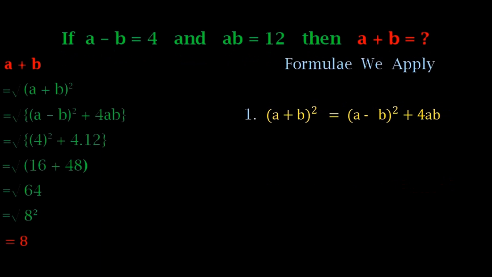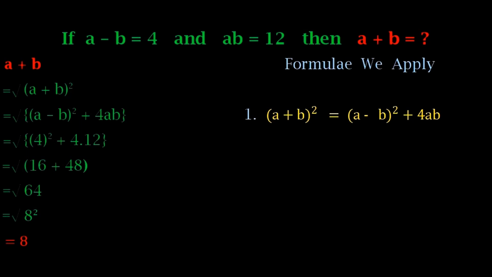Look here. The value of a minus b is given as 4, and the value of ab is given as 12. Our destination is a plus b. Now look, we need to convert a minus b into a plus b, or we need to convert a plus b into a minus b. As the plus is given, we need to find the minus. If the minus is given, we need to find the plus.